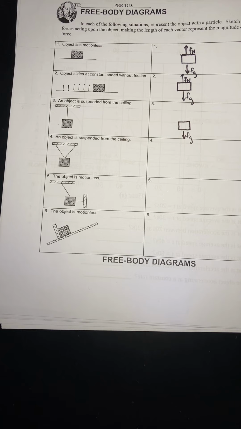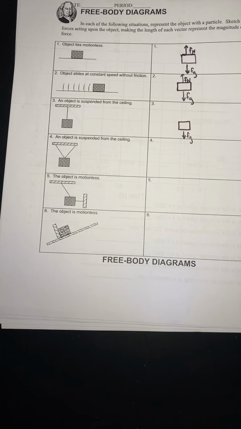Now, why is it not a normal force? It's not sitting on a surface, okay? So in this case, it's not a normal force. It's not sitting on a shelf, not sitting on the ground, table, whatever. This is going to be a tension force. And there's a couple different types of tension forces. Like you could have something that's suspended like this.